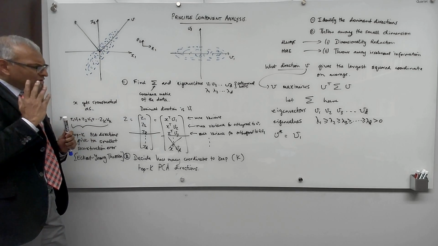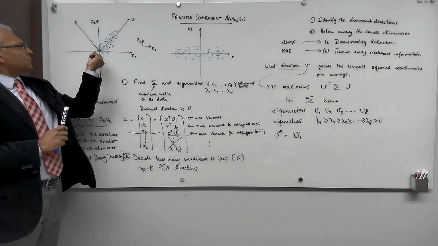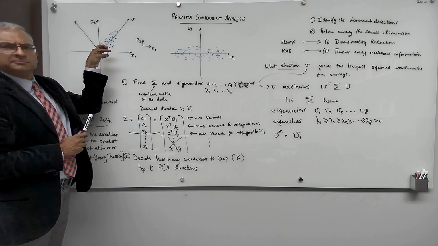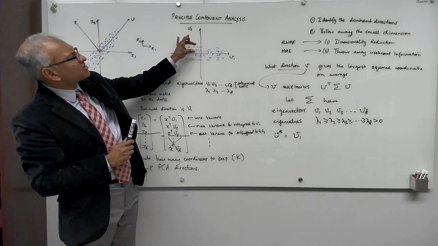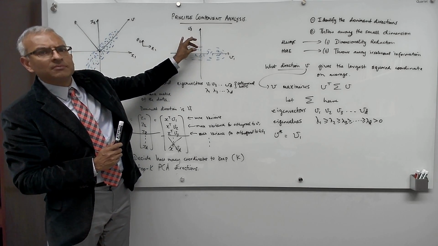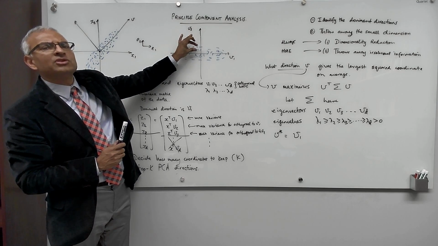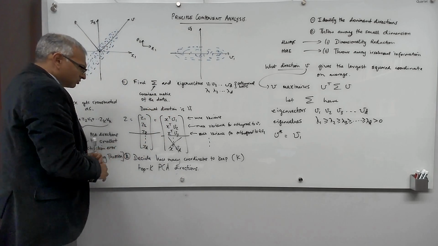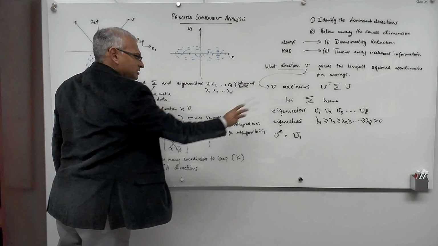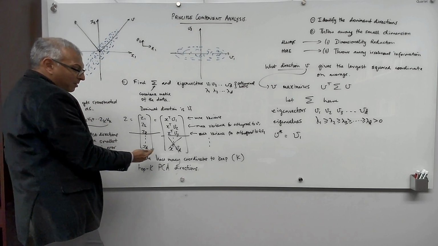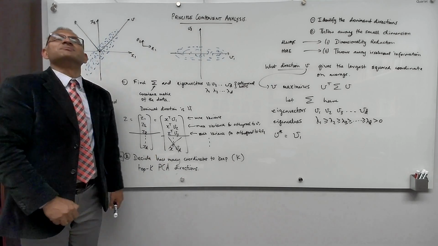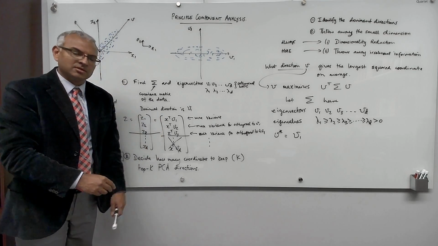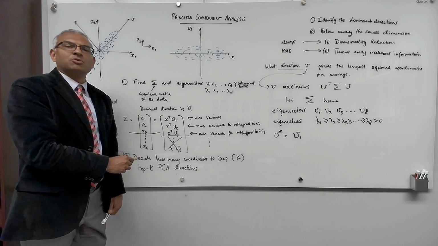The idea, the motivation, is that we want to rotate the data so that it becomes obvious what the small directions are. And once we know what the small directions are, we treat them as noise and throw them away. And how does it become obvious? When you find the PCAs, the bottom principal component is the smallest direction. Throw it away. The next is the next smallest. Throw it away.